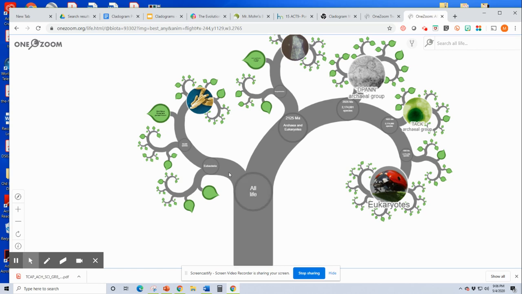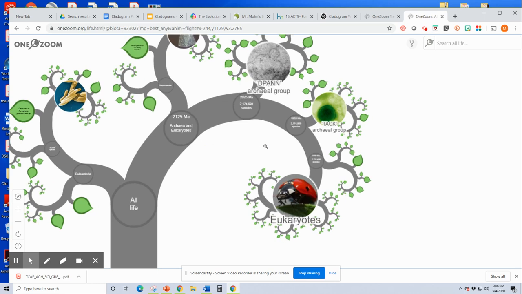And some of them evolved. Here's our eubacteria. Remember the eubacteria? That's the regular bacteria. They live in your gut, they live on your skin, they're everywhere. Some are good, some are bad, some just hang out. But you notice some of those evolved, and that's the crazy archaea here.